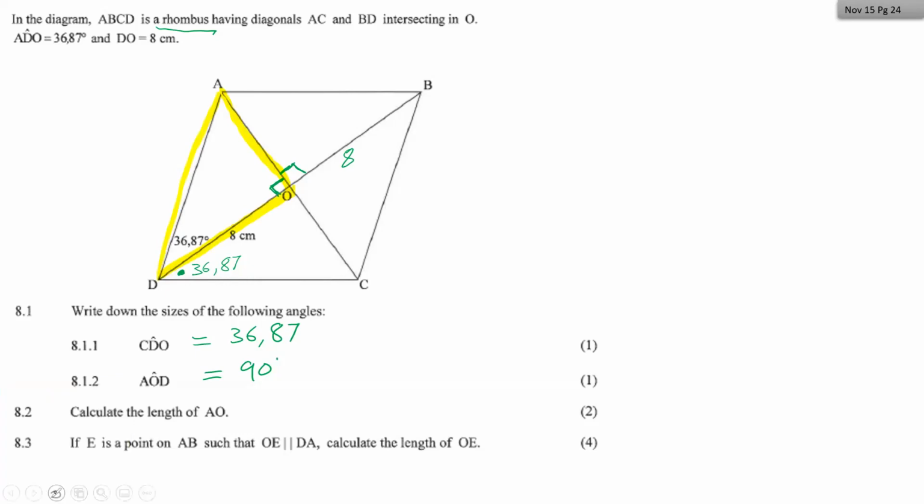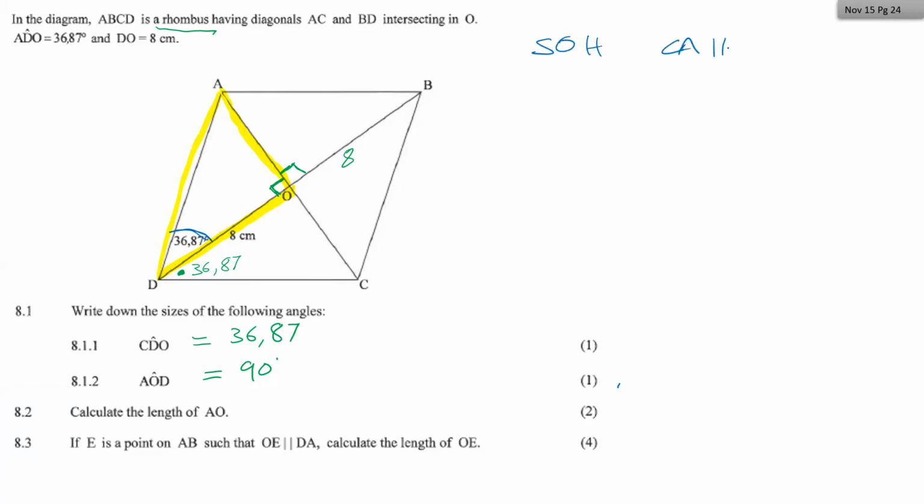And if we look at this question, to find AO, we don't know CO, so there's no way we can find AO using diagonals. And I can try Pythagoras in ADO, but I've only got one side, 8, so I can't use Pythagoras. So the next thing I see is that I have an angle in the triangle, and it is a right angle triangle, so I can use some trig concepts.